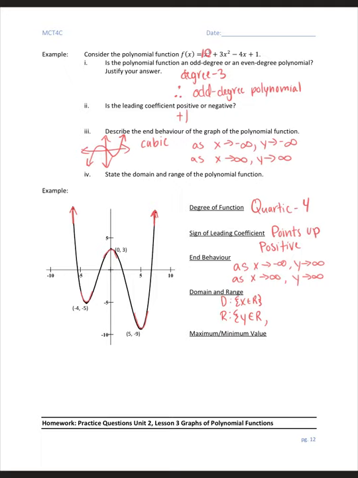That's our lowest point on the graph, so that's what we call our absolute minimum. We can't have any y values below that. So we're going to say y for all real numbers such that y is greater than or equal to negative 9.